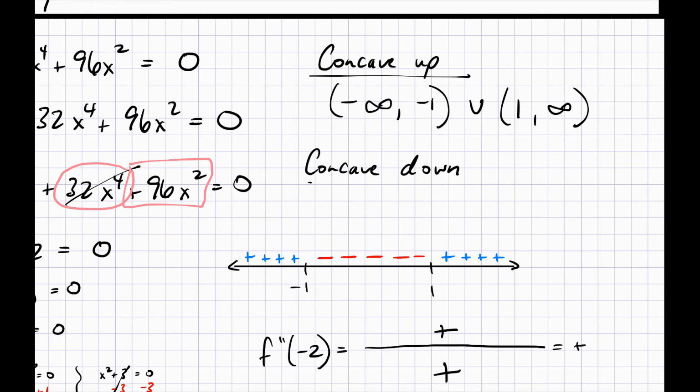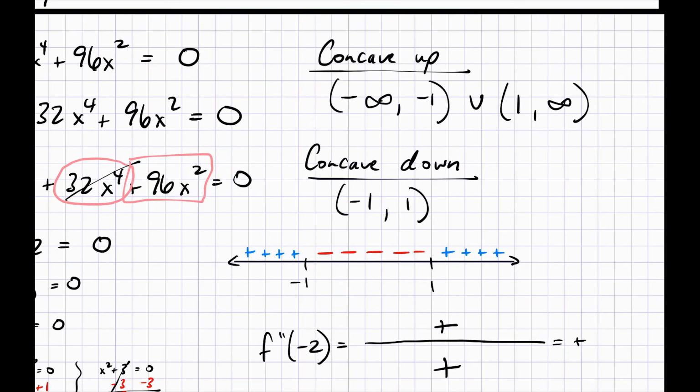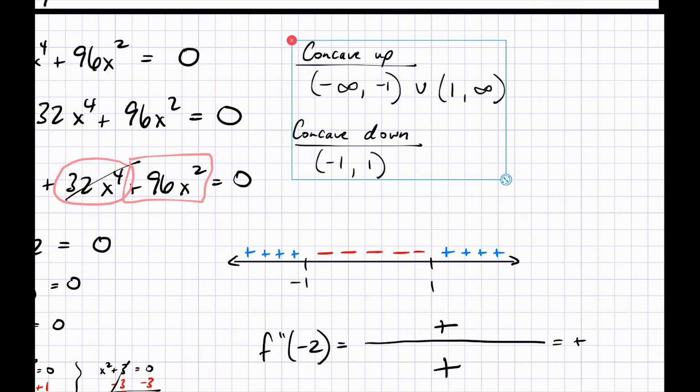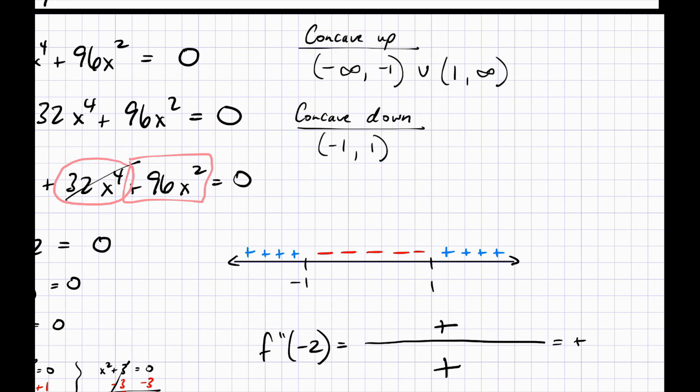Concave down is in between. And then we got inflection points at x equals negative 1 and x equals positive 1.